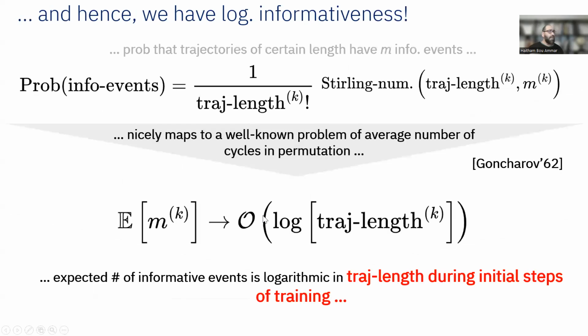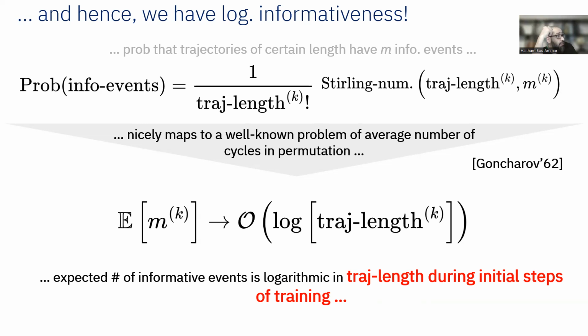After a long process of not very difficult calculation, you can relate the problem of how many informative trajectories you could get in meta BO to a well-known problem, the average number of cycles in a permutation, which was a 1962 problem. It's a very old problem.